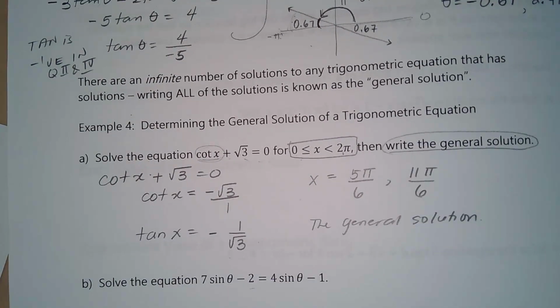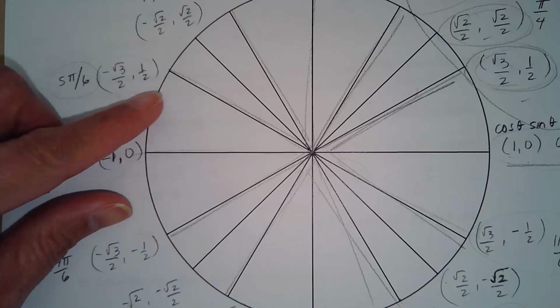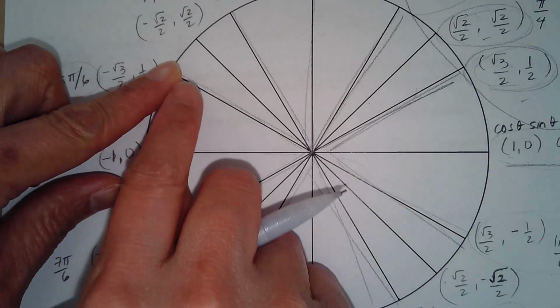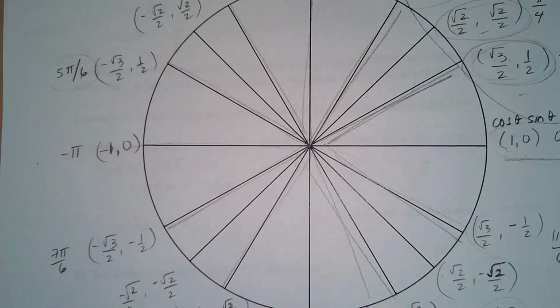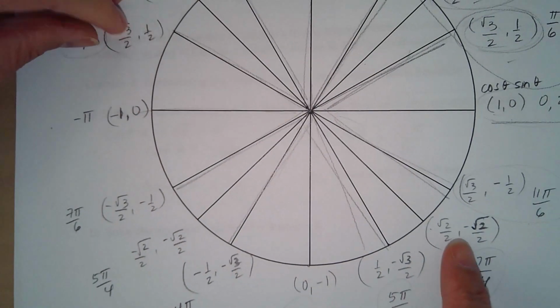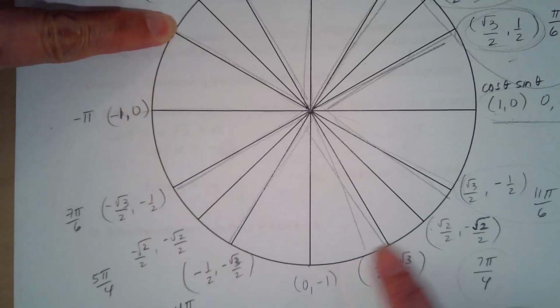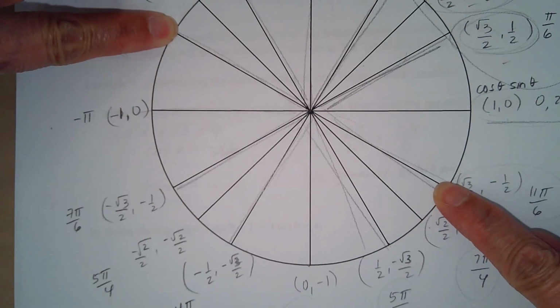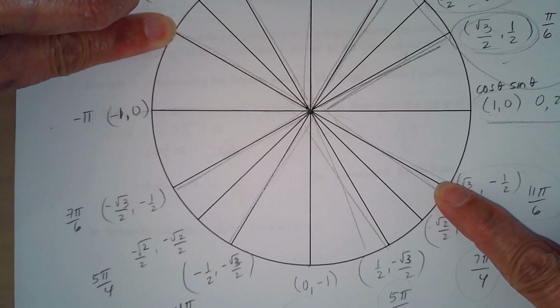What would be the general solution? Let's see. It's going to be 5 pi over 6, and then it's going to be 11 pi over 6. Do you notice something in here? From 5 pi over 6 to 11 pi over 6, how much did they turn? Half a circle, which is pi.